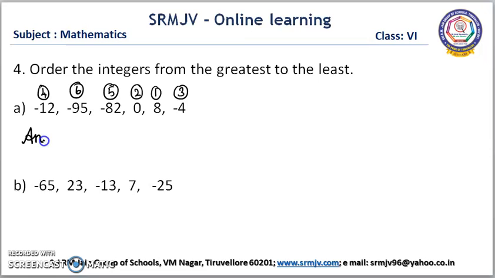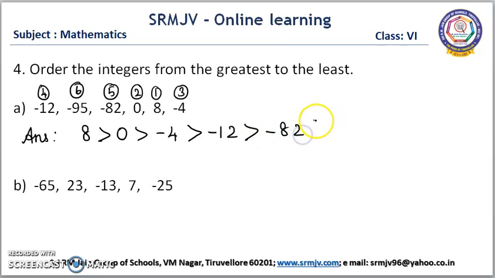Now we have to arrange the integers from the greatest to the least. So, 8 is the greatest, then 0, then minus 4, then minus 12, then minus 82, then minus 95 is the least. Can you understand?